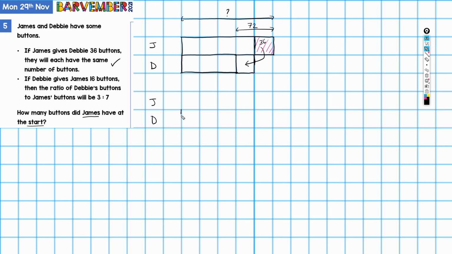Now this bar, by the way, there's nothing significant about the size of this bar compared to the size of this one. Okay, so what have we got? We've got 3 here, and then 3, 4, 5, 6, 7. So this would be the end scenario, the 3 to 7.